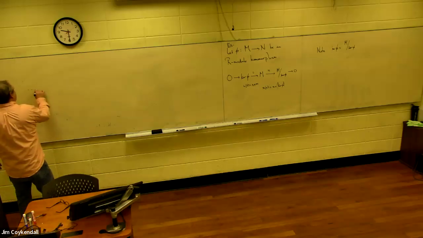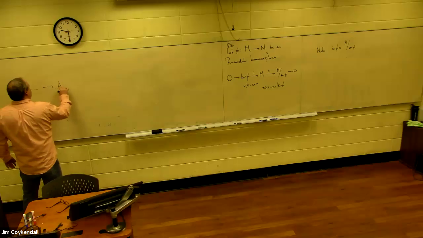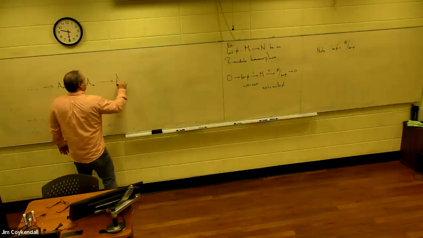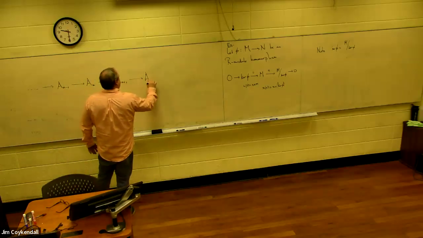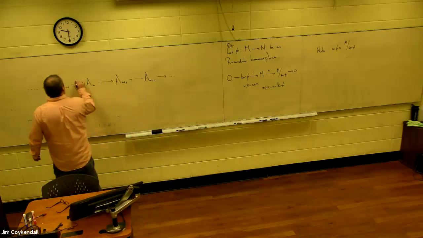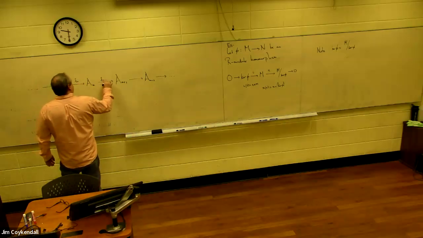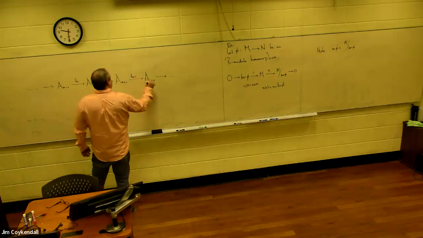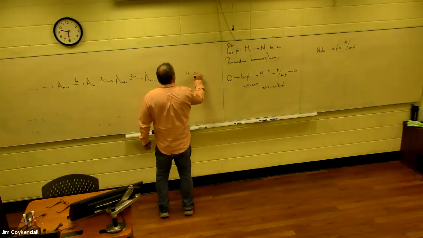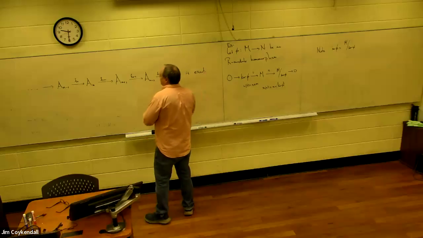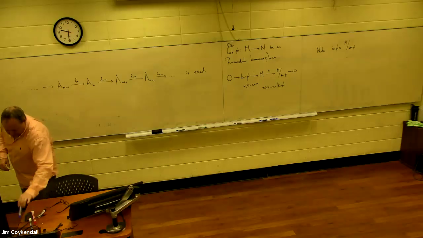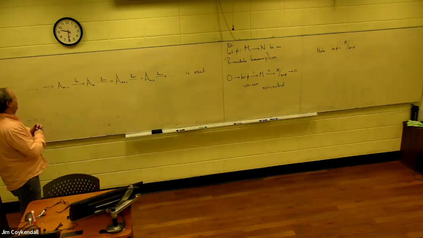So suppose we have, I'll call this Fn, Fn plus one. Suppose exact. Let's pray that I do this right. I'm doing it on the board for the first time.